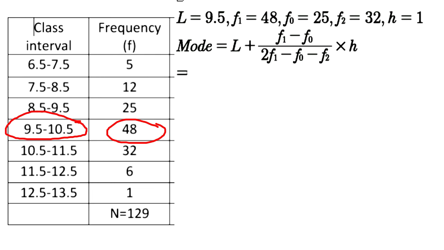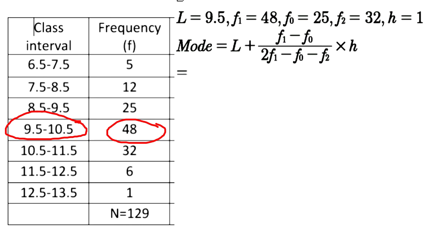Now, the lower limit of this class interval is 9.5. Therefore, L equal to 9.5. F1 means the frequency of the modal class. We have already found that 48 is the highest value. Therefore, F1 value equal to 48. F0 means the frequency of the class preceding the modal class.